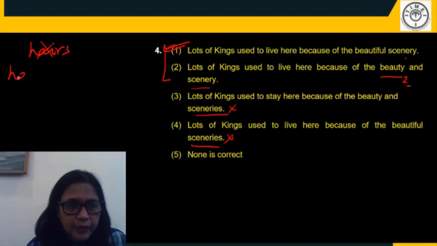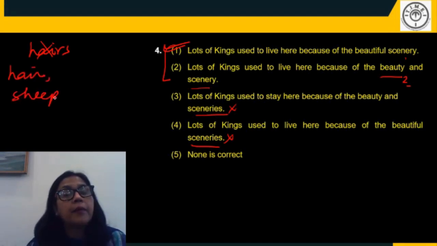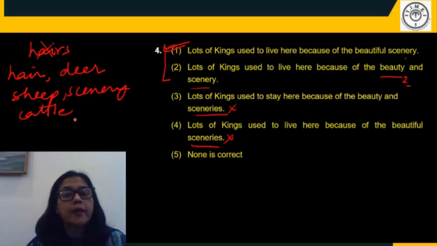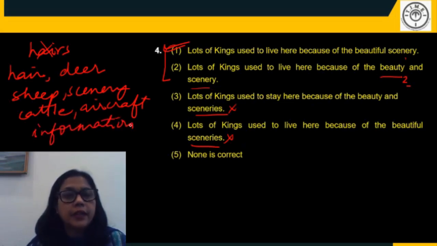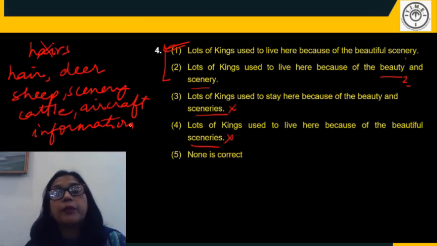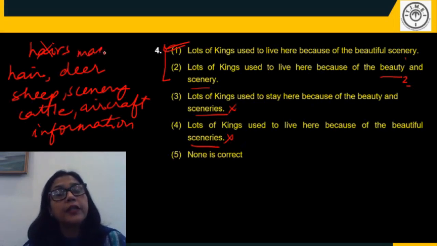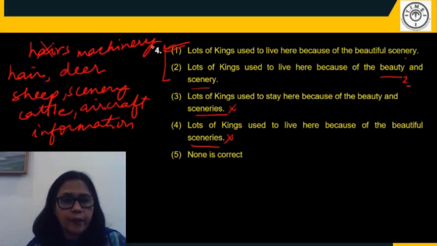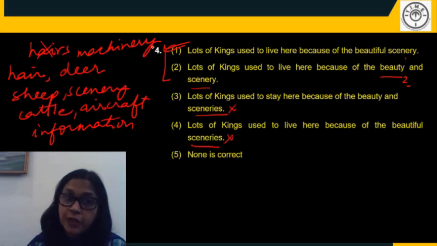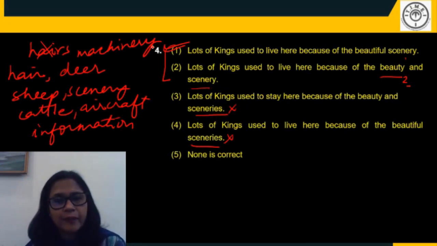There are certain words like hare, sheep, cattle, deer, scenery, aircraft, information. Whether you use them in the singular or in the plural, the word will be used as it is. Another word you can add over here is machinery. So no hares, no deers, no sheep, no sceneries, no cattle, no aircrafts, no informations, no machineries, right?